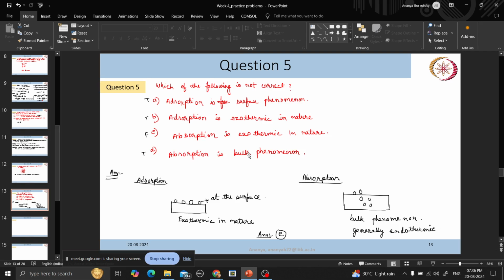And I hope that you know what exothermic and endothermic reactions are. In exothermic reactions, generally heat is released, whereas in endothermic reactions heat is required, like the concept of enthalpy. I will not go into details of it, just briefly, in exothermic reactions heat is released.